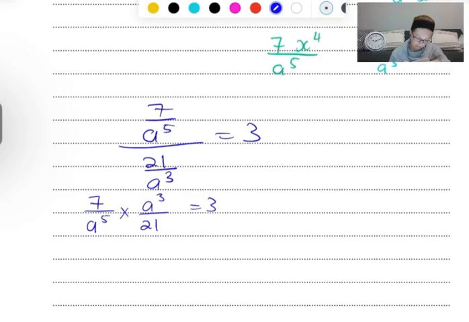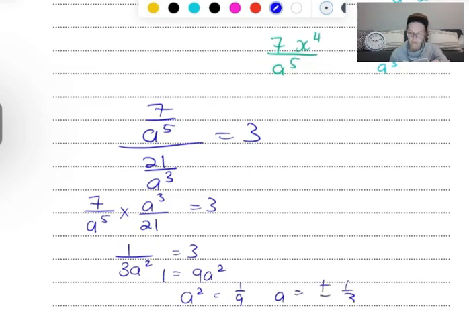So I can cancel out a few things: 7, 14, 21. At the bottom I'm left with 3a squared. a is equal to plus or minus a third. That's what I'm getting.